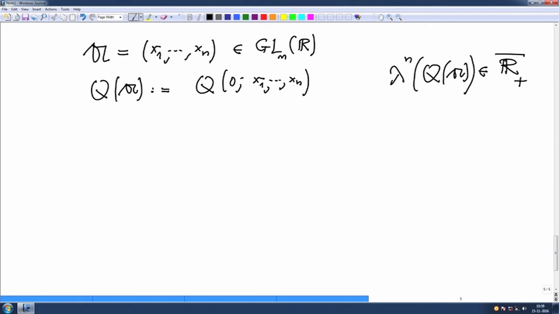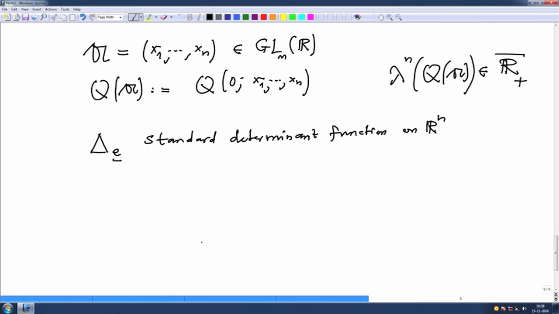On the other hand, what do we have? We have the standard determinant function delta E on Rn.